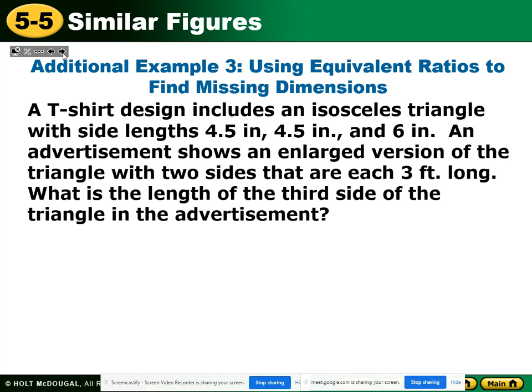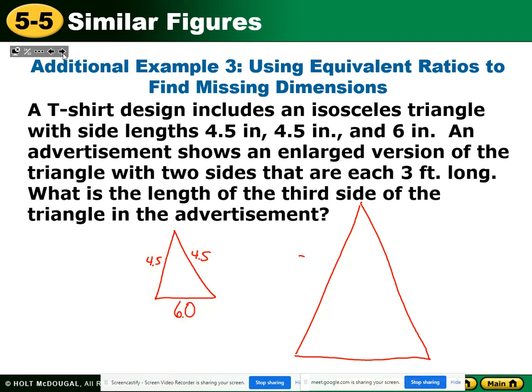So a t-shirt design includes an isosceles triangle with side lengths of 4.5, 4.5, and 6. Isosceles. Two sides are the same, one side's different. 4.5, 4.5, and that one's 6. Okay? An advertisement shows an enlarged version of the triangle with two sides that are 3 feet long each. Three feet, and those are measured in inches.